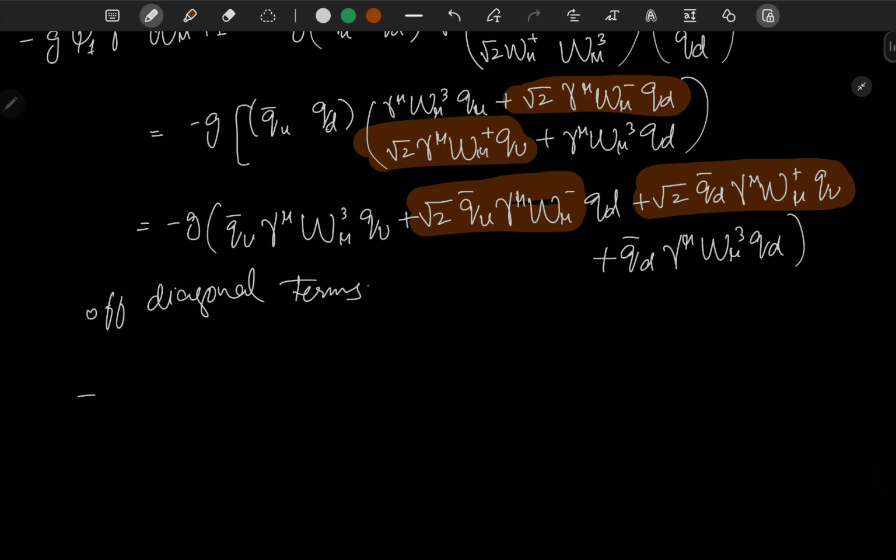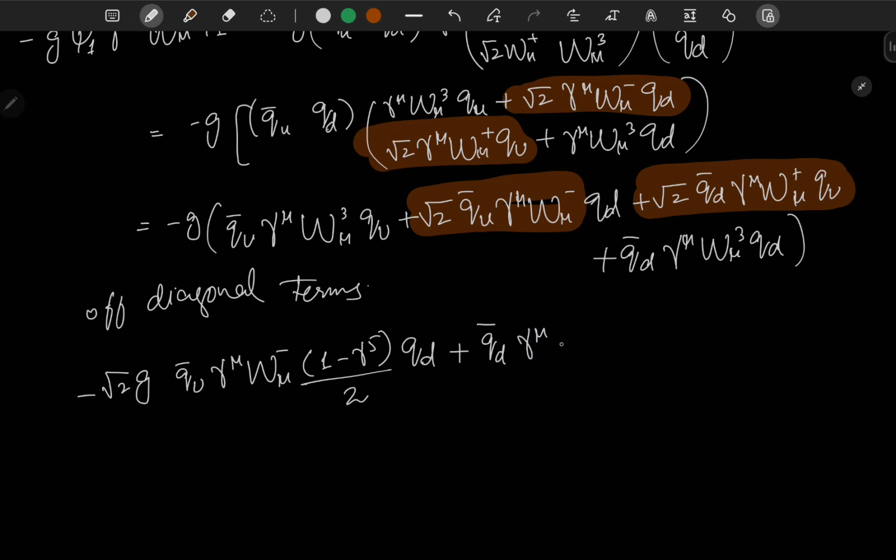So it will be minus square root of 2 g, q bar up gamma mu W mu minus, 1 minus gamma 5 upon 2, q down, because these are left-handed, plus q bar down gamma mu W mu plus, 1 minus gamma 5 upon 2, q up.